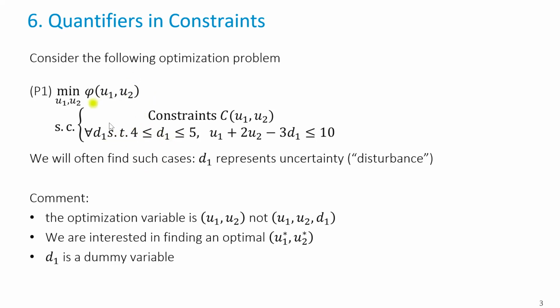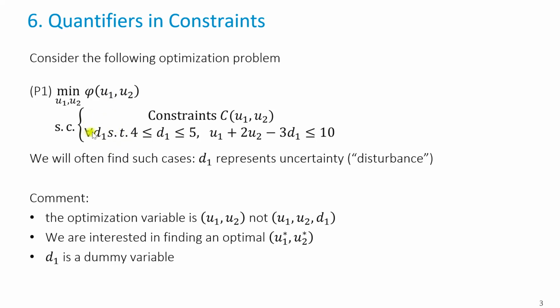So here we're expressing that the constraints must be true, whatever the value of the disturbance. For example, for a grid, we want that the voltages are within nominal bounds, whatever the uncertainty realization will be for PV production. Note here that D1 is a dummy variable, not an optimization variable.